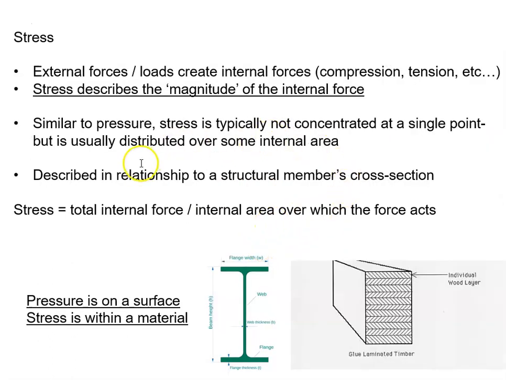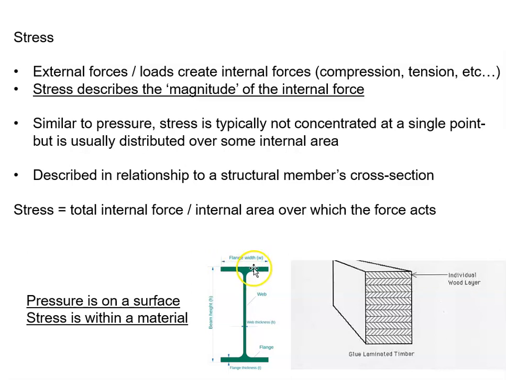And stress is happening inside of a structural member, described in relationship to the member's cross section. So here is a glue laminated timber, and we've cut it in half, and we see its section. So the stress will be discussed in terms of this area, the geometry of this area, the square inches or the square feet that this area takes up, basically.